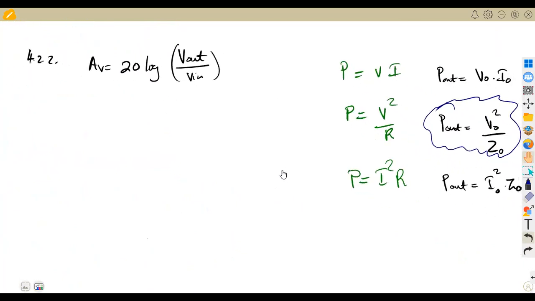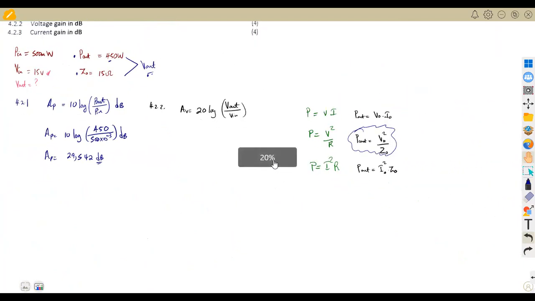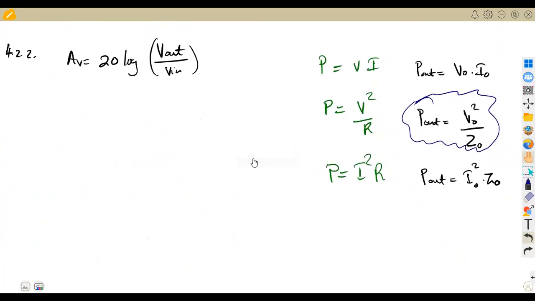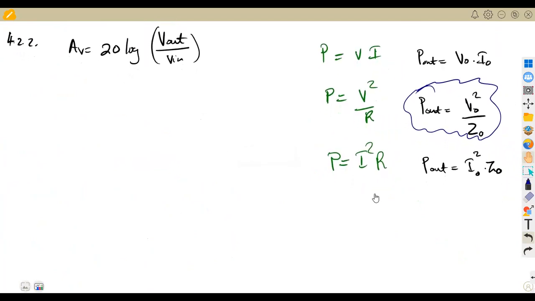We can make V out the subject of the formula. It's up to you guys, this is actually in your hands. These formulas are simply taken from our normal DC calculation.